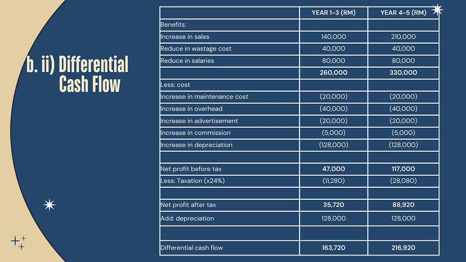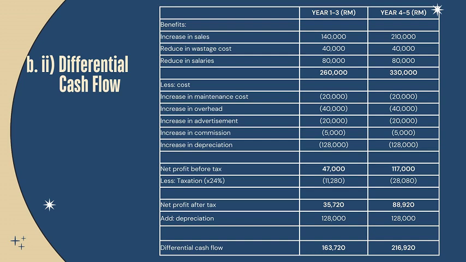Now guys, here's the cool part. Depreciation is not an actual cash expense, so we add it back. That's 128,000 ringgit for both periods. More cash in hand. So, after everything said and done, our differential cash flow is 163,720 ringgit for year 1 until 3 and an impressive 216,920 ringgit for year 4 until 5.